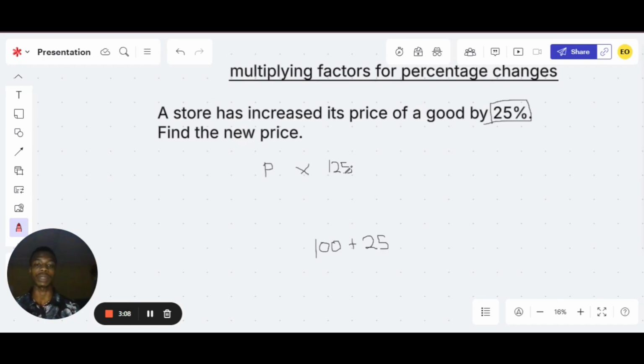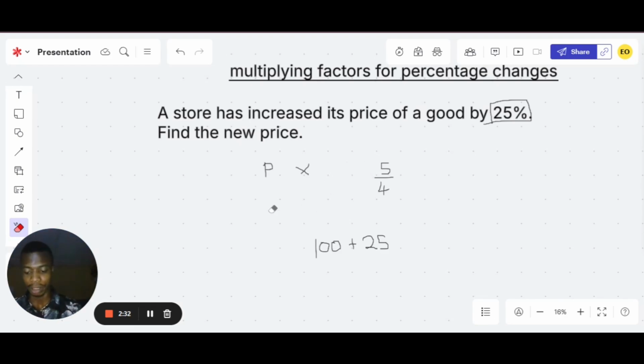So 125% becomes the multiplying factor for a price increase of 25%. 125% is the same thing as saying 5 over 4. So this means that 5 over 4 is the multiplying factor of 25%, and you're going to have to multiply the old price by 5 over 4 if you must get the new price.